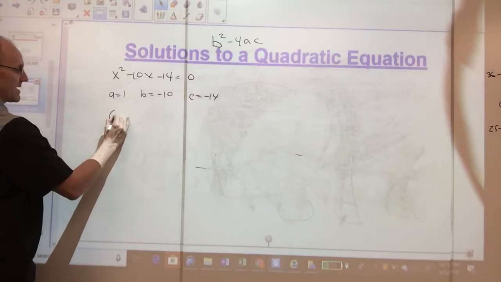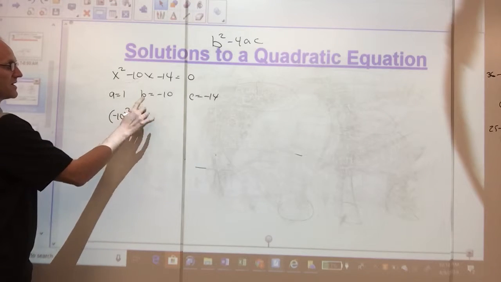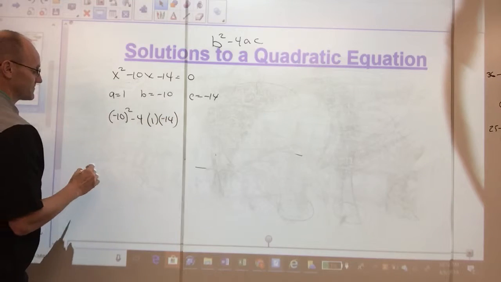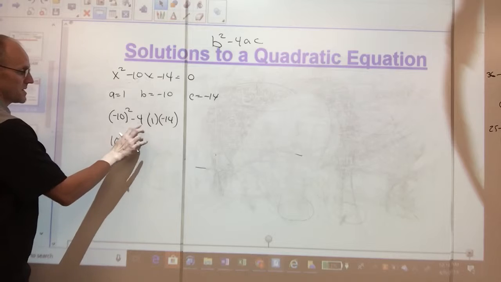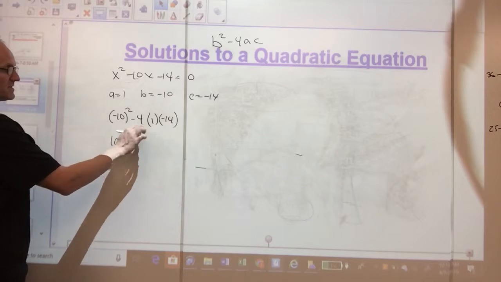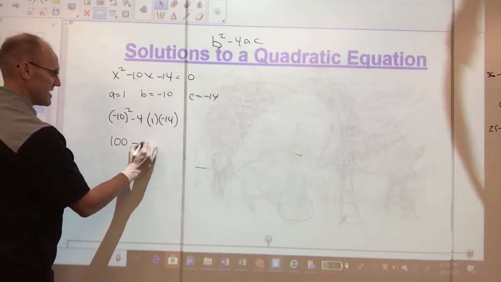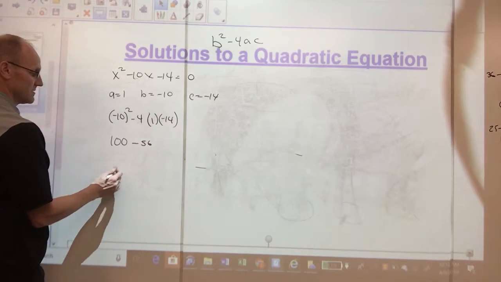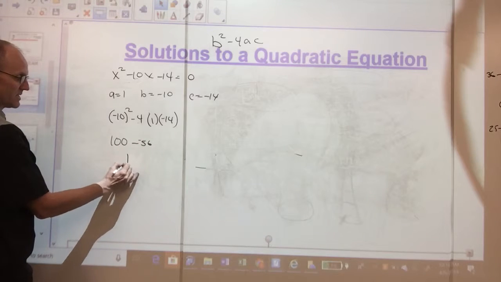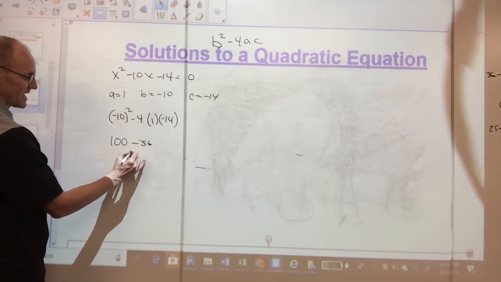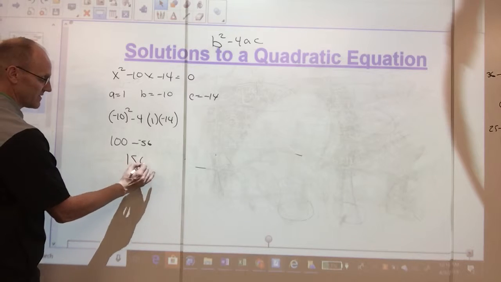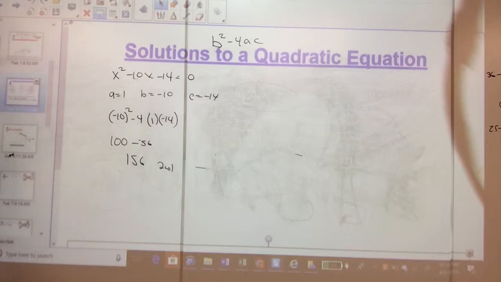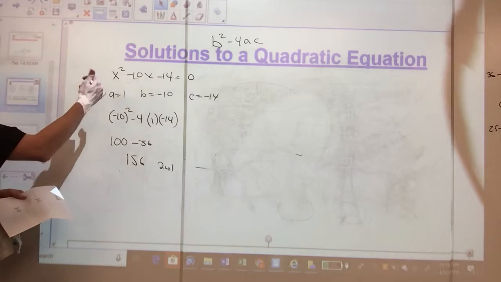So I take negative 10 squared, which is 100, minus 4 times 1 times 14, which is 56. So it ends up being 44. So there's going to be 2 solutions. And that's all we're doing today. We'll look at actually solving this later.